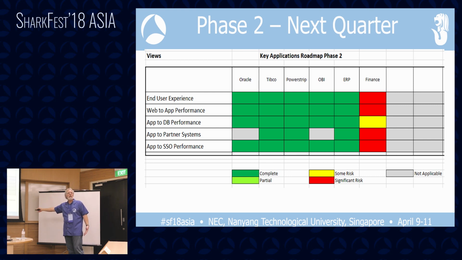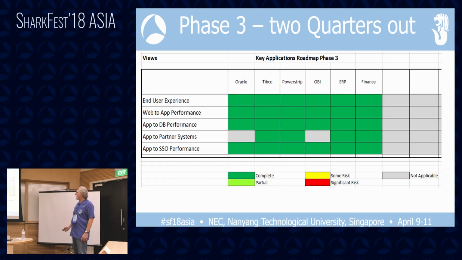Who owns the money? Finance. We should have done finance first, right? So if you want to put that on the feedback form for this session, I'll update it for the next time I deliver this. And then phase three would be finance. So this is a simple way to communicate complicated concepts when what you need is funding to fix gaps. Okay?